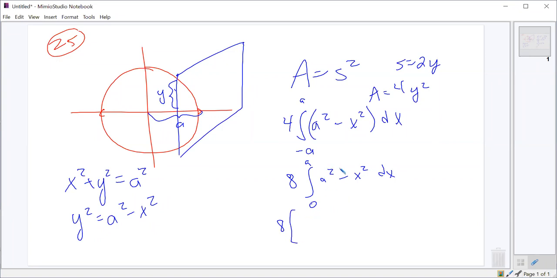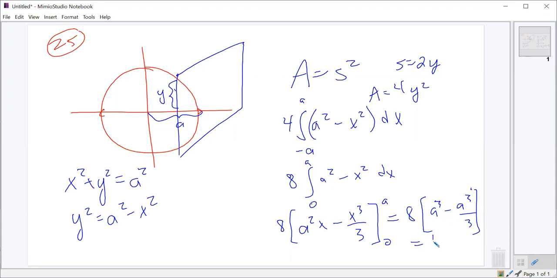And then we've got the integral of a squared with respect to x is a squared x minus x cubed over 3 from 0 to a, or 8 times a cubed minus a cubed over 3. And that ought to be 2a cubed over 3 times the 8, which is 16a cubed over 3.